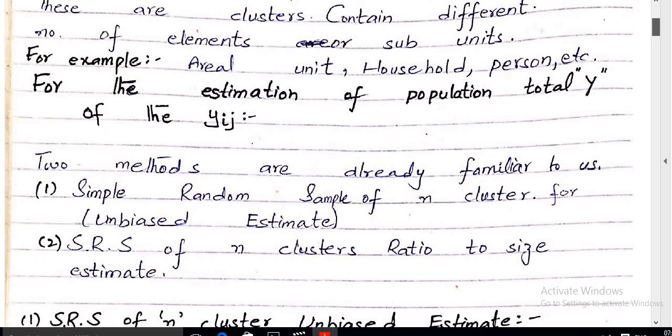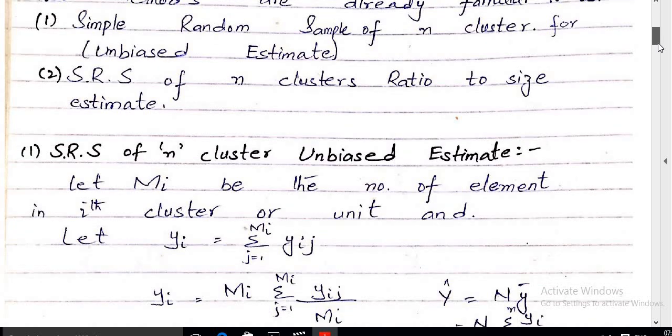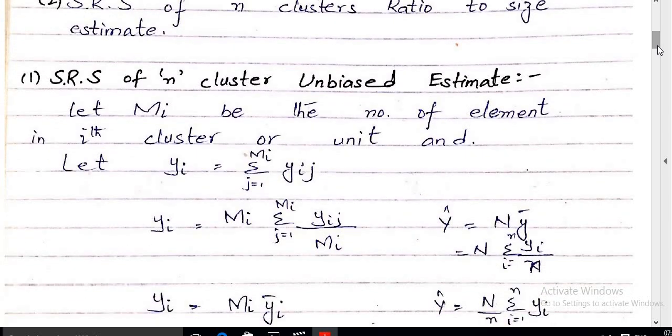For making an estimate of the population total, there are two methods: simple random sampling of n clusters for an unbiased estimate, and simple random sampling of n clusters using a ratio estimate. First I explain simple random sampling of n clusters, the unbiased estimate. Let mi be the number of elements in the ith cluster or unit.